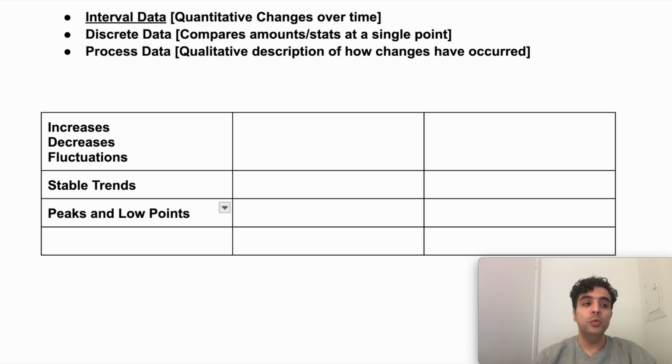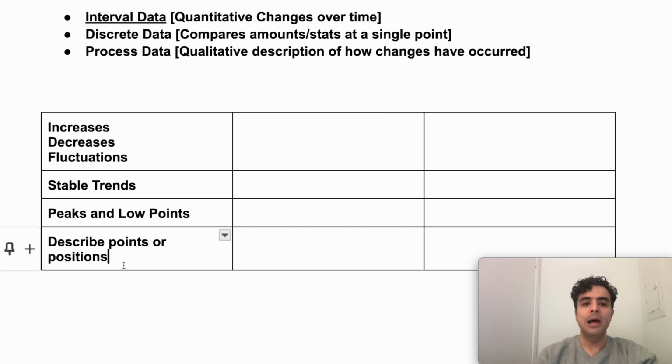What structures would we use then? And finally, you might want to describe points or fixed positions basically in the data. And by this I mean you're not really describing a change. You just want to say that at this point in time, this is how many students we're studying.